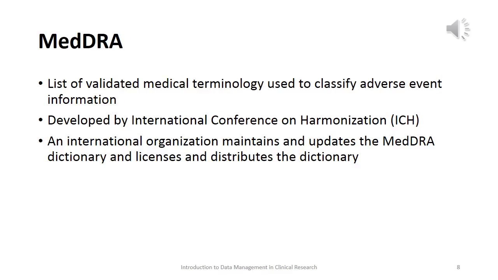Also, it's an international organization that maintains and updates the MedDRA dictionary and licenses and distributes the dictionary. So we'll go into a little bit more of that in detail as we go along. But essentially, these are the three major components of the MedDRA dictionary.